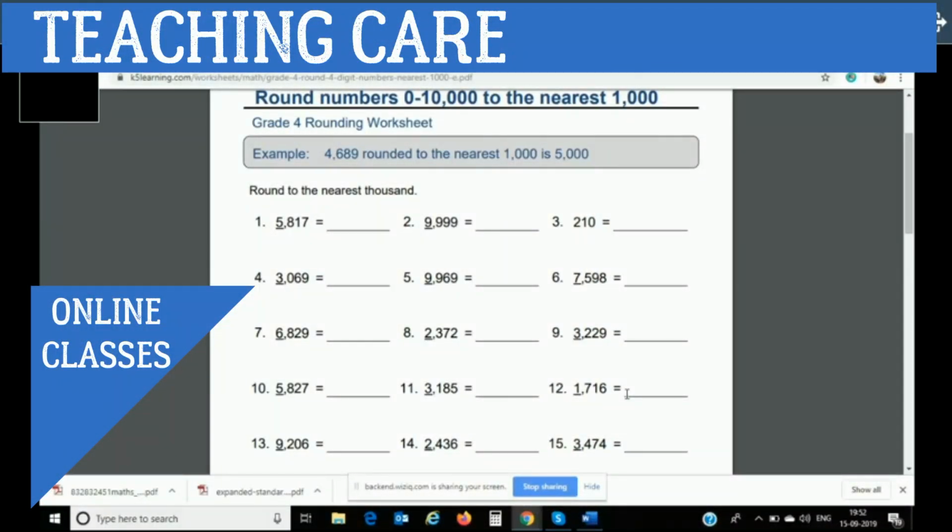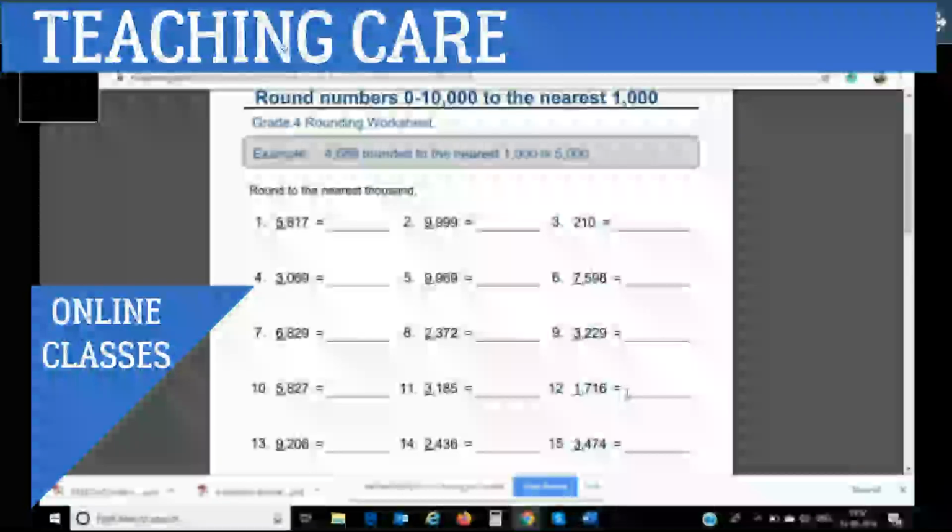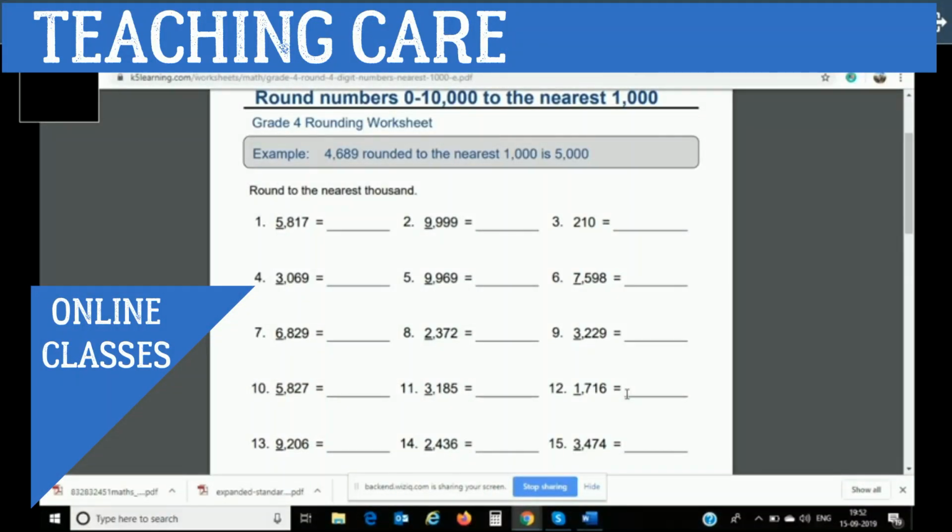This is the first one. The first one is 6,000. The second one is 10,000. The third one is 210 only. The fourth one is 3,000.